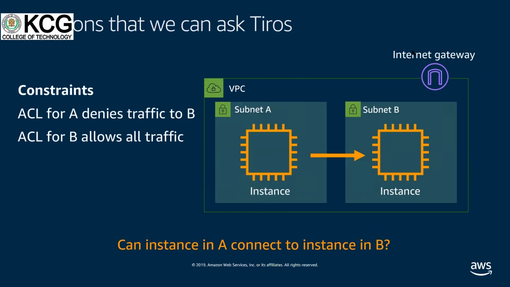Now, this particular technology that we implemented is called TIROS. That's why they say, questions that we can ask TIROS, right? But that's really the artificial intelligence, the AI mechanism that's implemented behind cloud security. It's also called provable security, because you have mathematical proof.